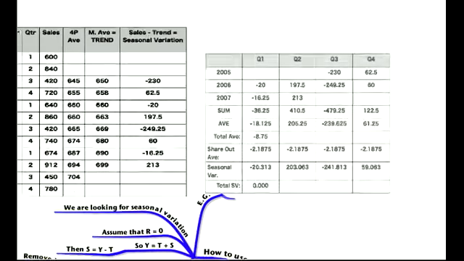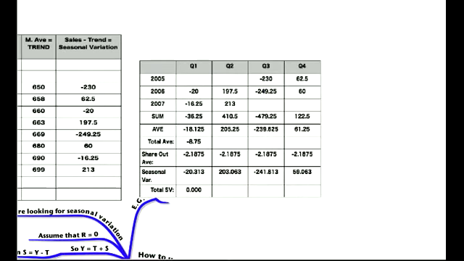So to look at that in more detail, what you do is get it into the different quarters. So flip your table around, get it into the quarters to see if you can identify what the seasonal variation is. Now obviously it's only going to be a seasonal variation if it happens all the time. So what we do is we take our quarters, quarter 1, 2 and 3, and we sum them and take the average, because that will get our average seasonal variation, which will be more accurate than taking just one figure on its own.